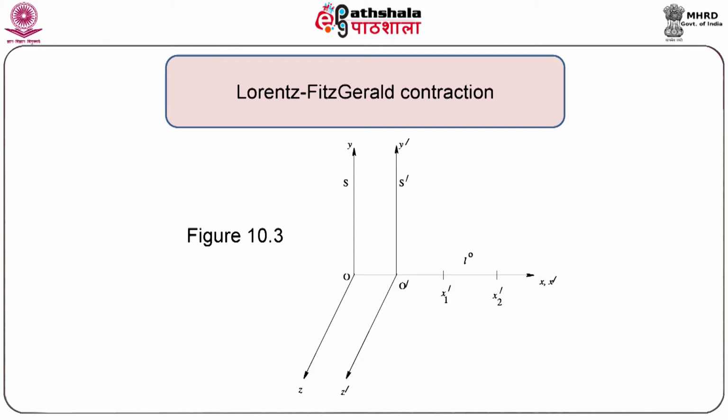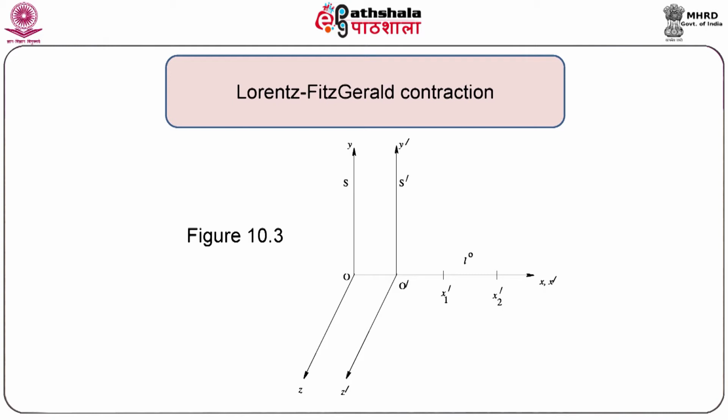Later on, S dash frame is moving with uniform velocity v with respect to fixed frame S along the direction of X dash axis. Please note that these two frames have common X and X dash axis, that is, OX and O dash X dash are coinciding.